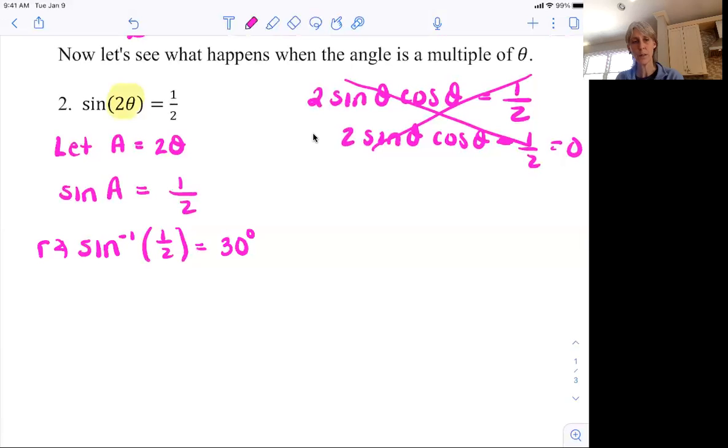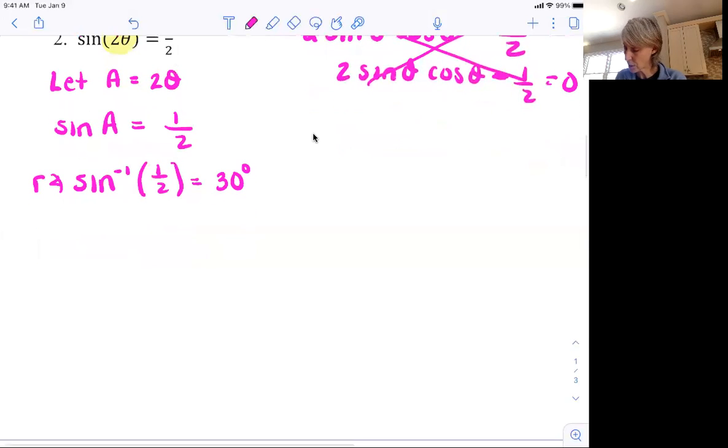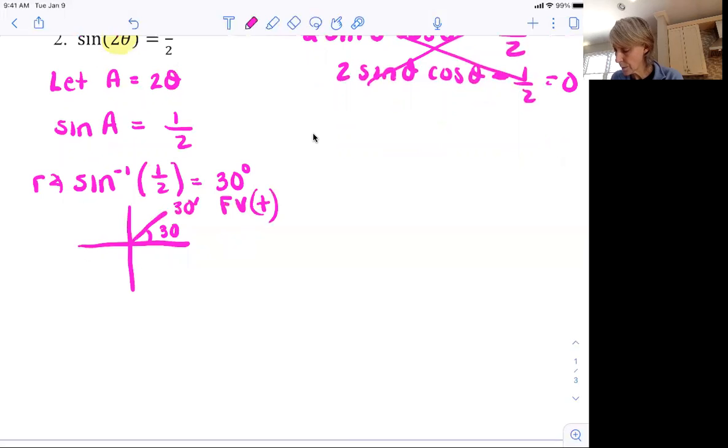30 degrees. Now here's where things are, well, not yet, not just yet. So we have our one solution and our function value is positive. So the solution here, our reference angle is 30, in quadrant 2, because that's where the sine is positive. 180 minus 30 is 150.